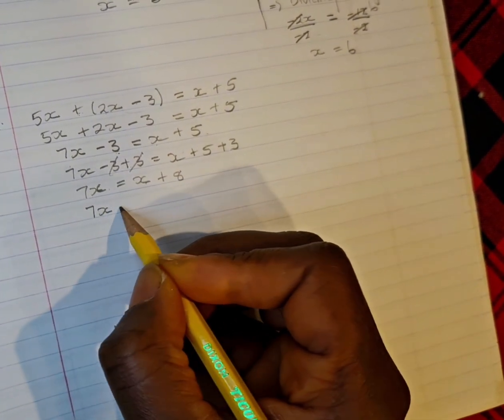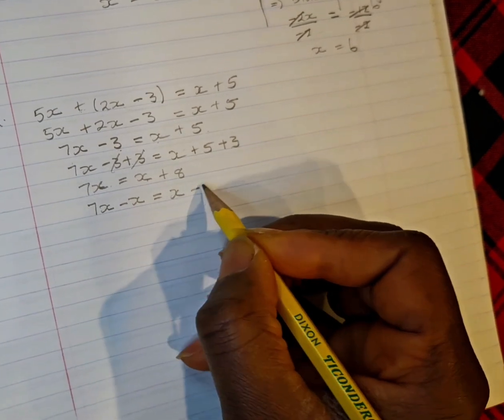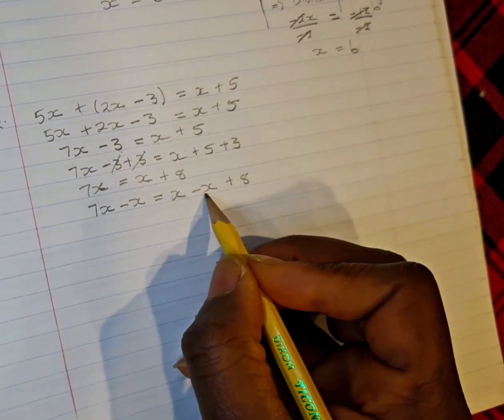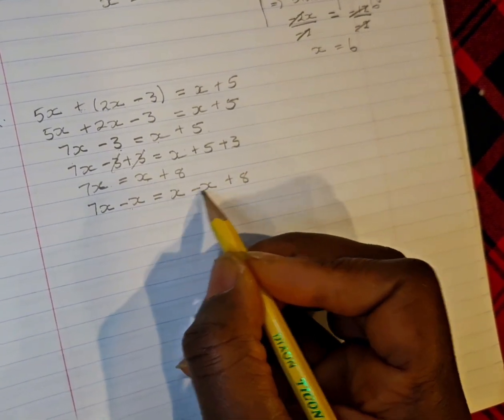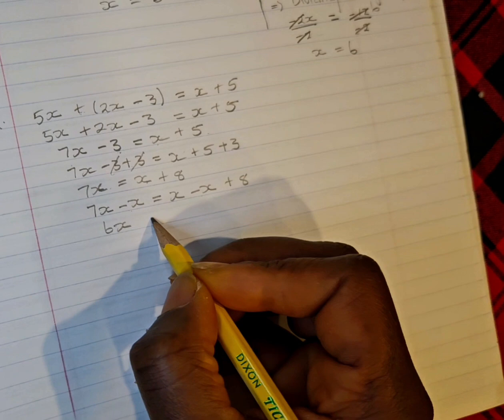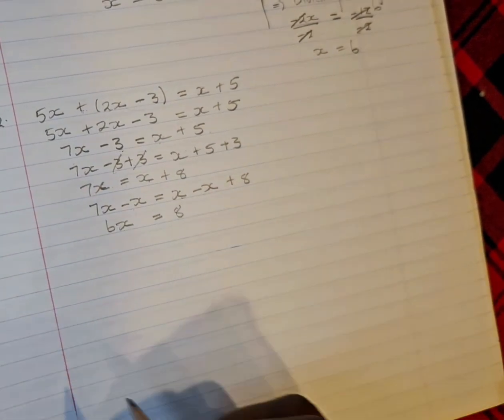7x minus x equals x minus x plus 8. So I'm subtracting x from both sides because I want this one to cancel, to become 0. So I have 6x now equals x minus x is 0, so I only have 8 here.